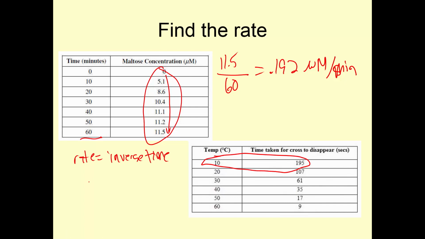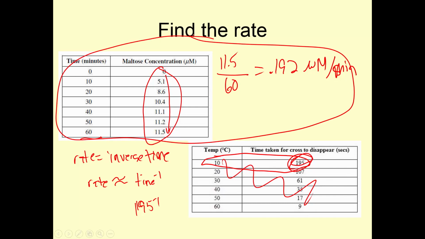That means rate is time to the negative 1. So if all I have is time, what I can talk about for rate would be time to the negative 1. This one isn't calculated quite the same way. This is what we're going to do all of the time, but every once in a while this happens.